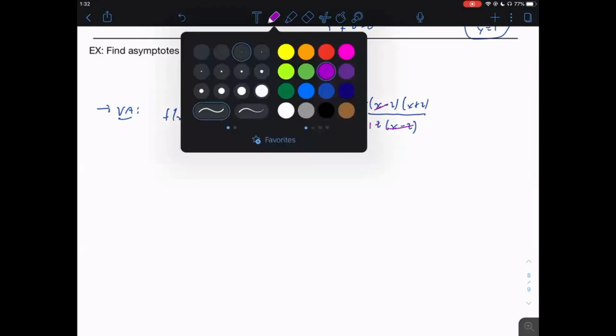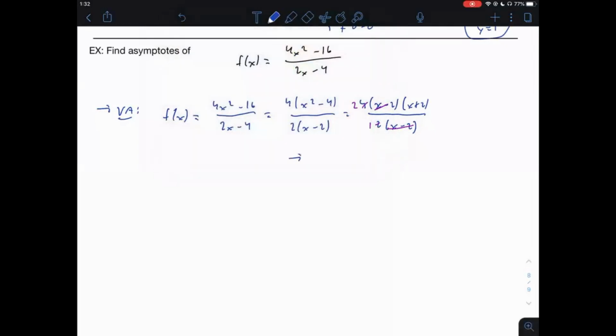Leaving us with f of x equals, after simplifying, 2 times x plus 2, because we still have a 2 outside the top here. In other words, 2x plus 4.